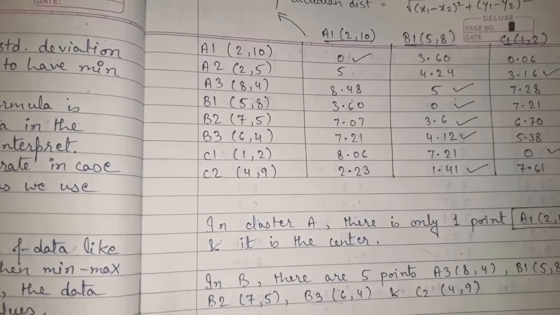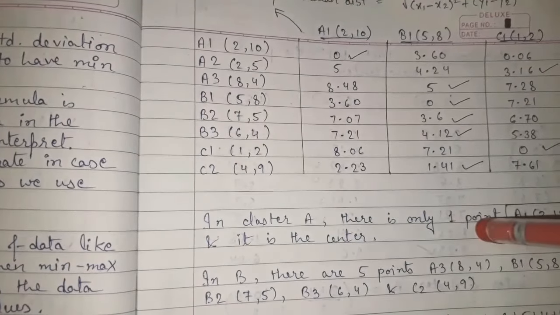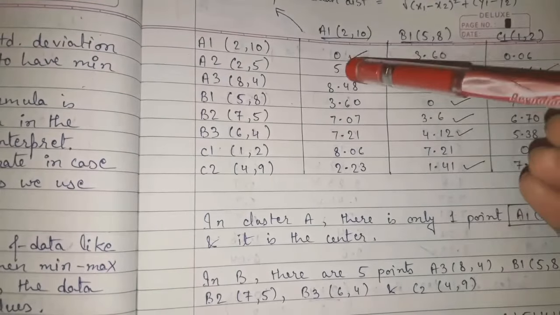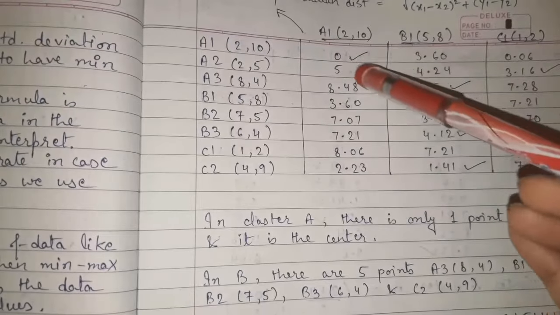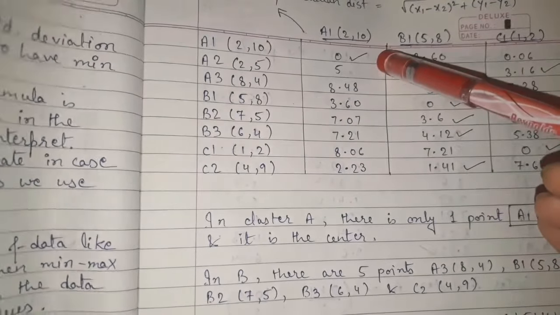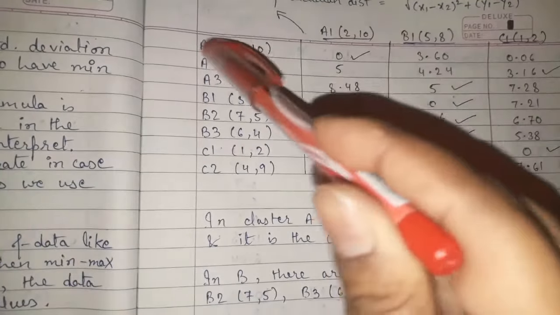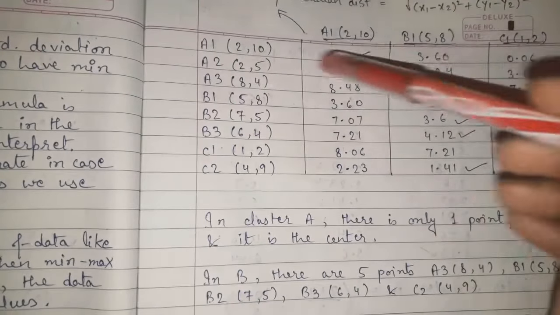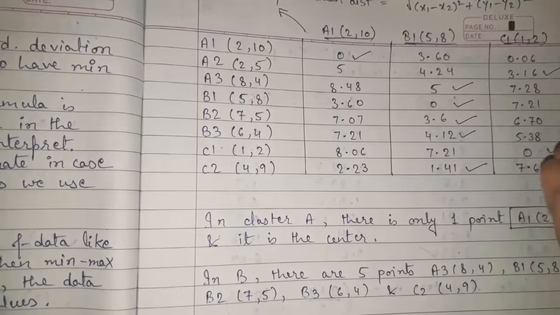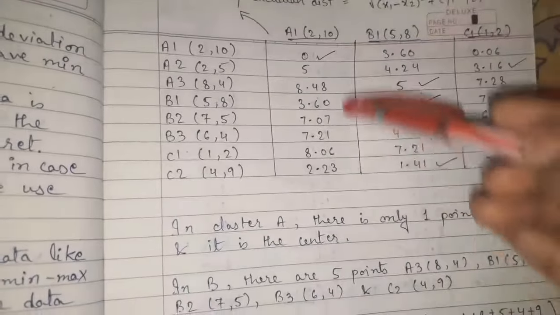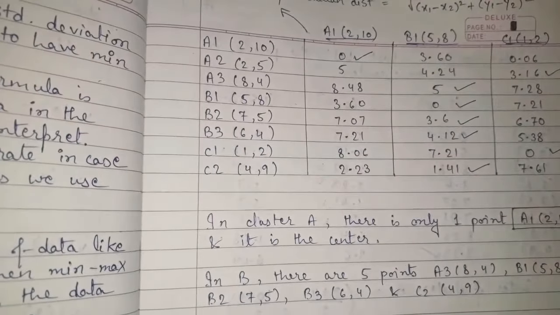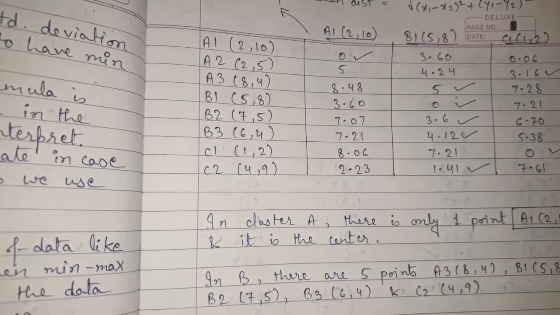Now after doing that, what conclusion we can get is, see here in the column of A1, there is only one point. So we can say that in the cluster of A1 only one data point will be there, and it will be its own center because only one point is there. Along with the observation of this table, you have to make the graph also. You have to plot it in the graph also.